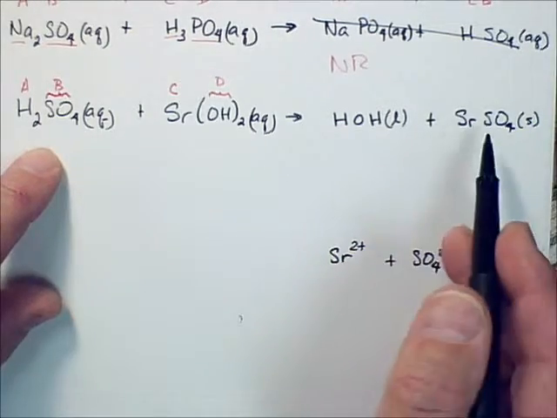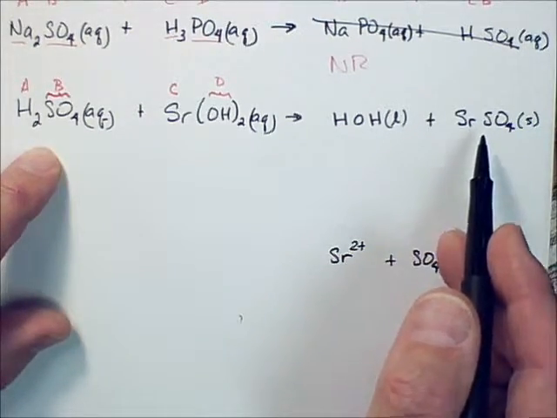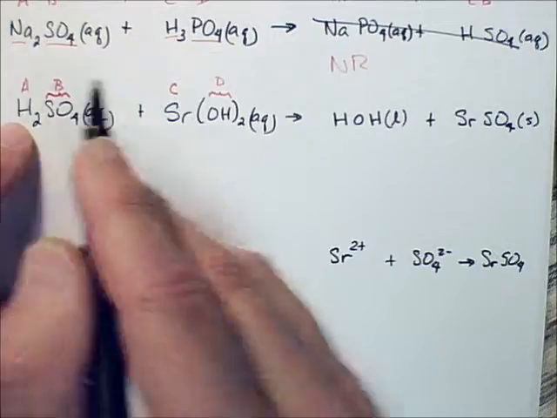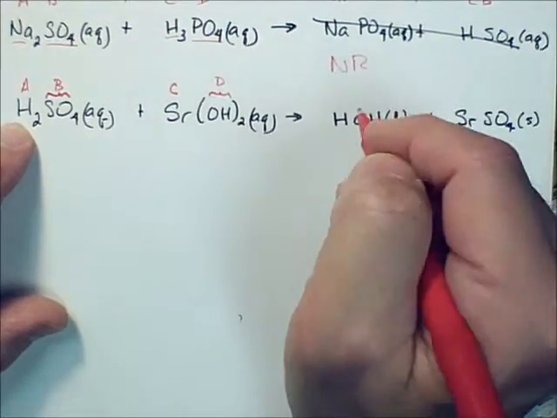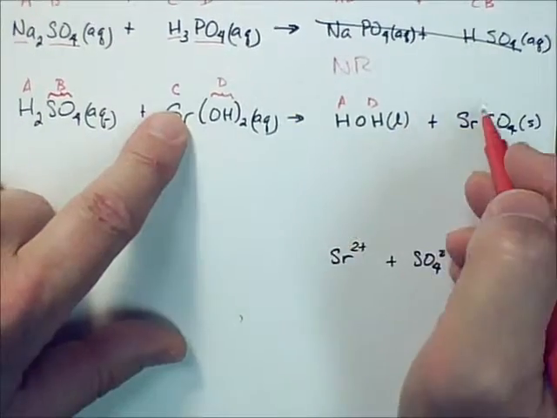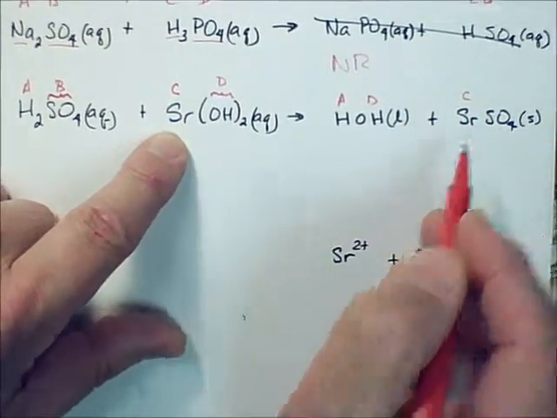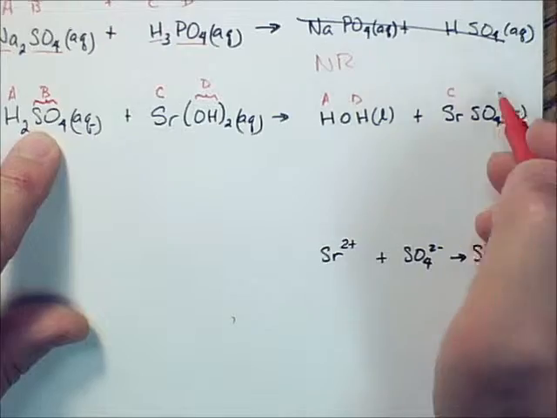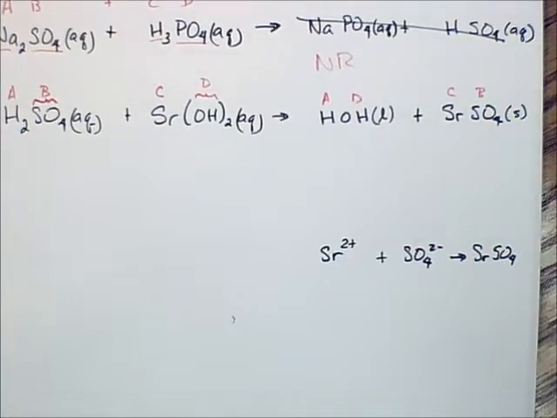So we're ready now to do the atom inventory. Let's see. We got A on the front here, joining up with D on the back. We've got C on the front of this. Strontium is C. Sulfate B is on the back of this. That meets our pattern. All right. Atom inventory.